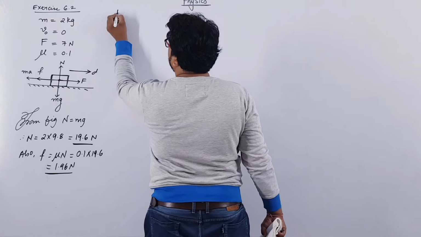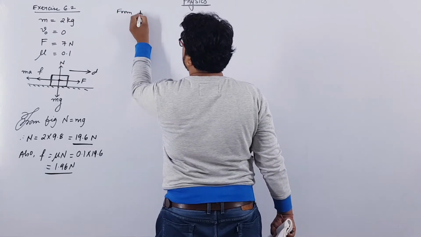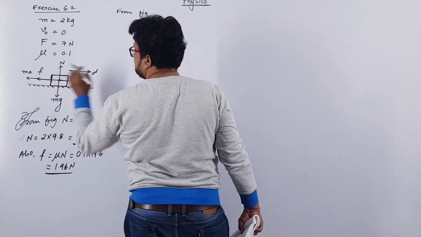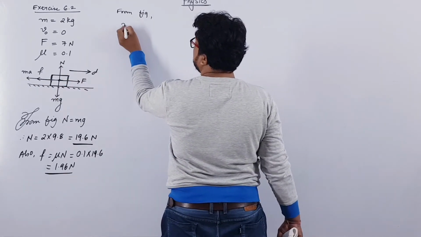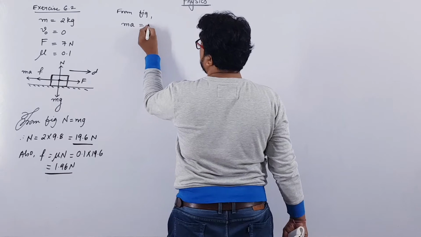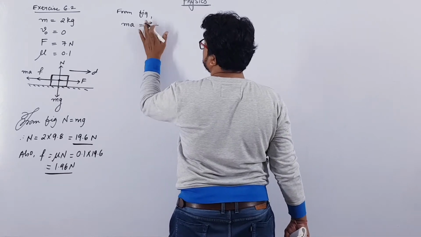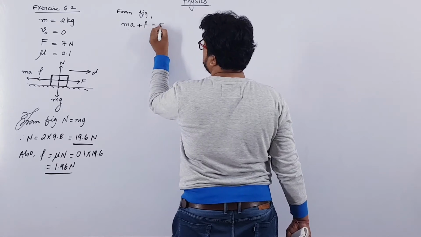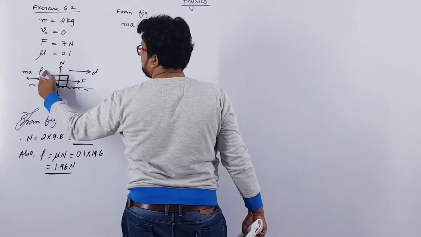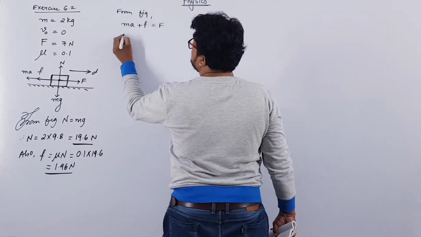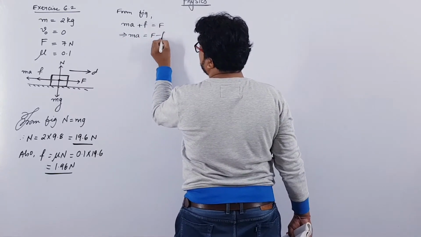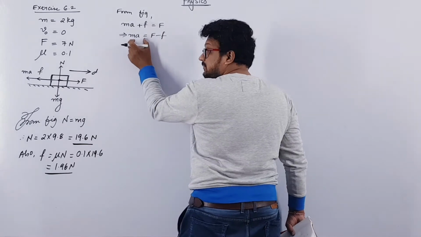Okay. Next, from the figure we can say that F is equal to the frictional force plus the pseudo force, or you can say that ma plus frictional force will be equal to F. So this implies that ma will be equal to F minus frictional force, and this ma is nothing but the net force.